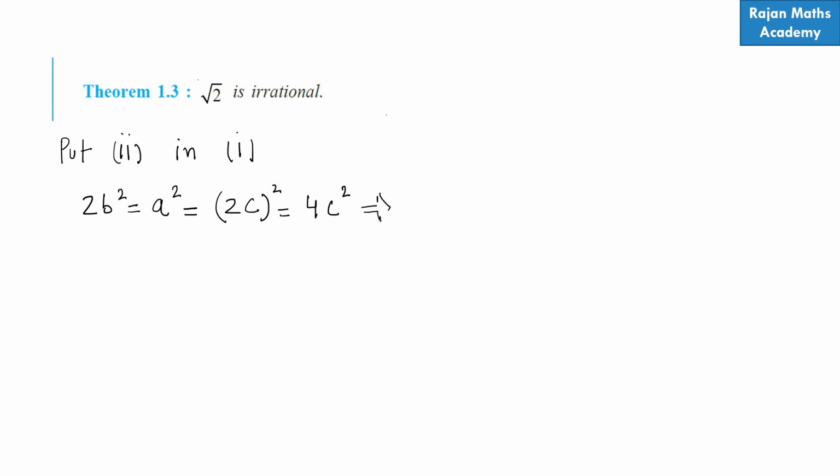This 2 and this 4 cancel, which implies b square is equal to 2c square, and we can write b square by 2 is equal to c square.